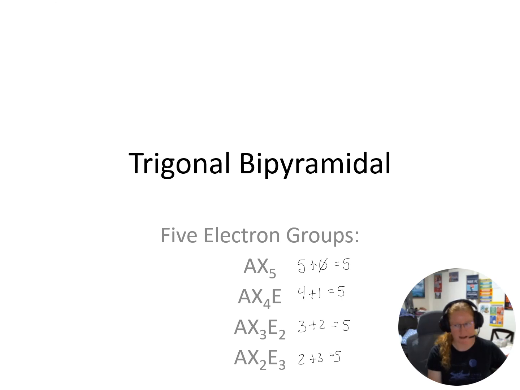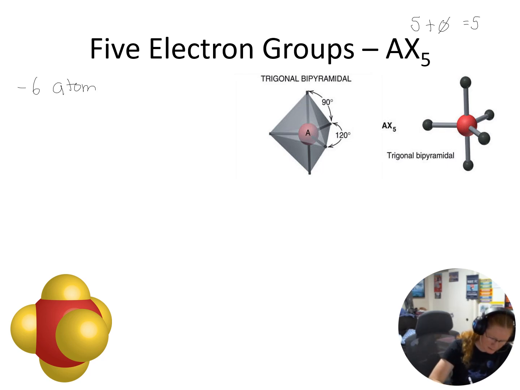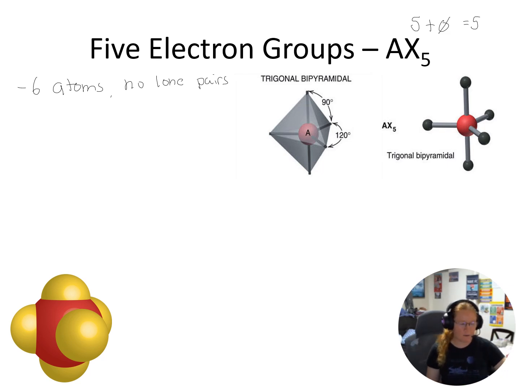So let's start off, as usual, where everything is bonding. Again, 5 plus 0 gives us 5. So we've got a central atom and 5 surrounding atoms, so we have 6 atoms, no lone pairs. Now when we look at our orbital and our molecular geometries, everything's bonding, so they're the same.